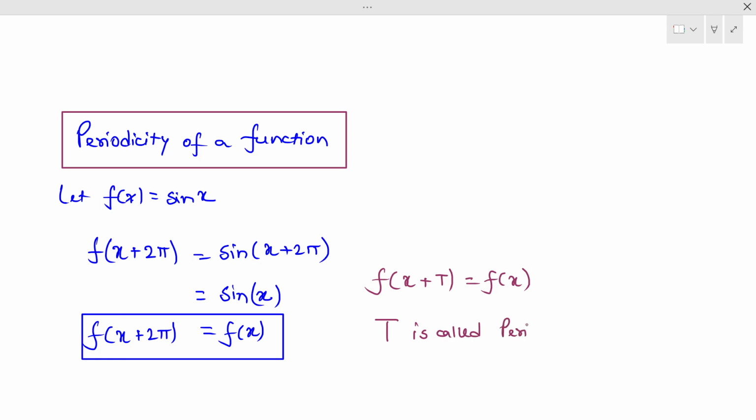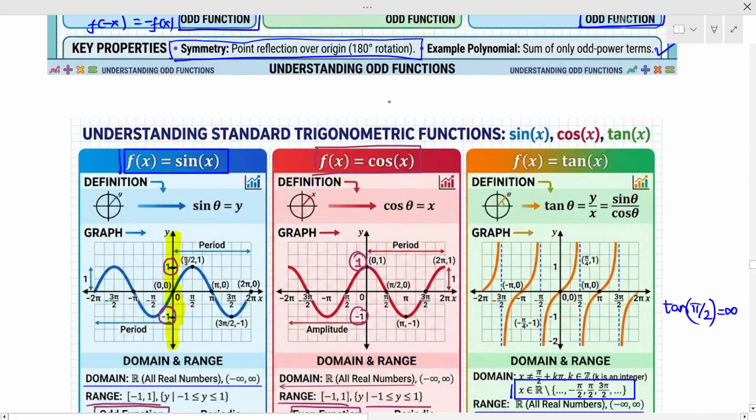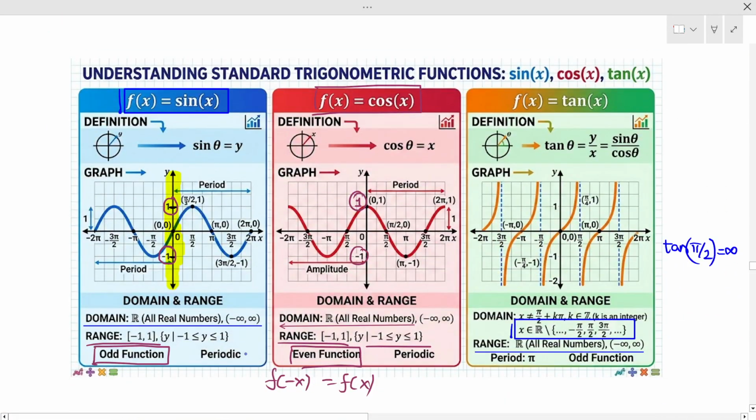So what will be the period of sin x? The period of sin x will be 2 pi. Same we can say that the period of cos x will also be 2 pi, and the period of tan x will be pi, because after pi it will repeat itself.